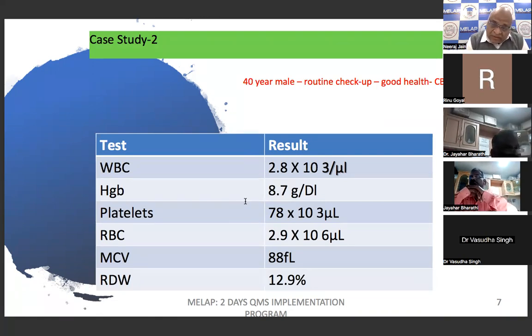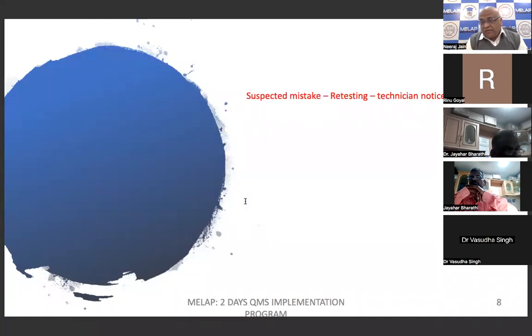And what is the next investigation in pancytopenia? Bone marrow aspiration. Bone marrow aspiration was planned, or you can say advised in the report, in this case. But before releasing the result, the clinician noticed a clot.